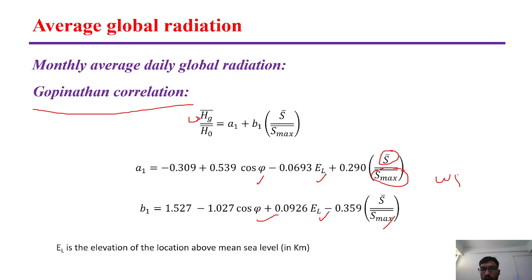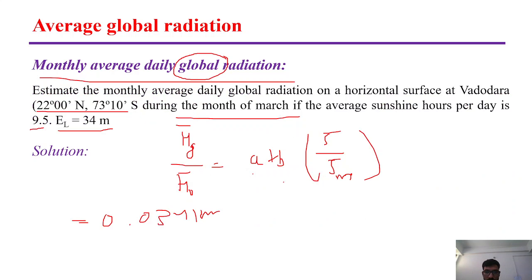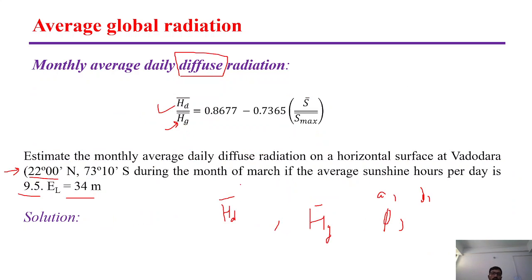S max is a function of WS, WS into 2 by 15, and WS is a function of latitude phi and the declination angle delta. Delta can be calculated based on the number of days n. So once we know the value for the Hg, then using this correlation, we can calculate the value for HD, the monthly average daily diffuse radiation.